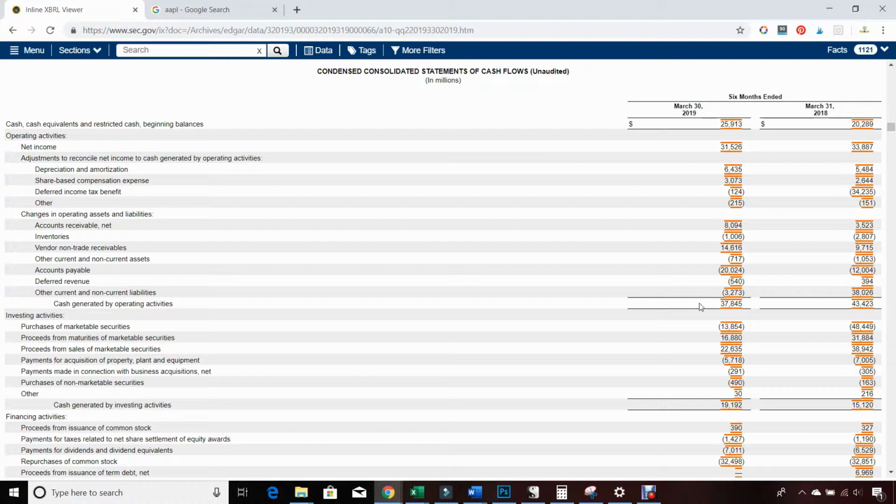So which one is the better metric to use? I know a lot of you guys are going to be asking that question. Well, it really depends. The reason why I use this ratio sometimes is because there may be certain one-time items impacting your net income. For example, the company may have recorded a loss for a lawsuit, or a loss on inventory that they can't sell, or they might have just suffered a hurricane loss.